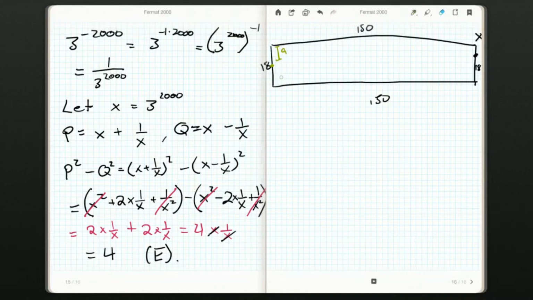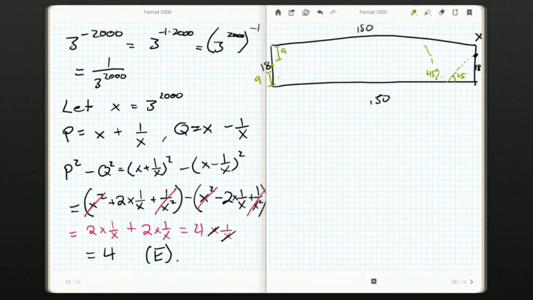Well, how did the ant get here? There was that 9 in. So the ant didn't obviously walk from the X. He starts off and he bounces back and forth, and he always meets at an angle of 45 degrees. He always walks at 45 degrees to the side of the rectangle.